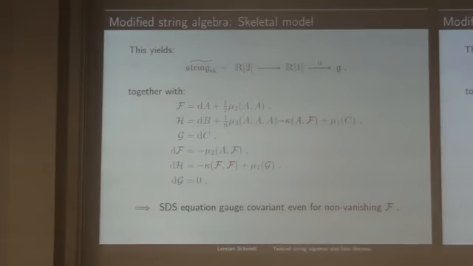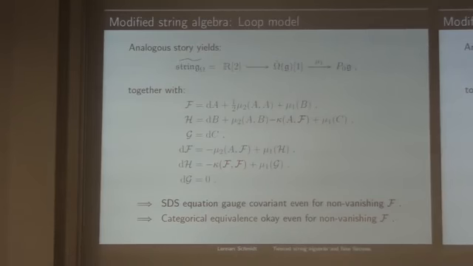And then the new thing is that you can also do this in the loop model. You do an analogous diagram, you put this in there, you force it to commute, and this introduces new terms, which formally look pretty much the same, but now kappa is some new function, which is not the Killing form, okay?